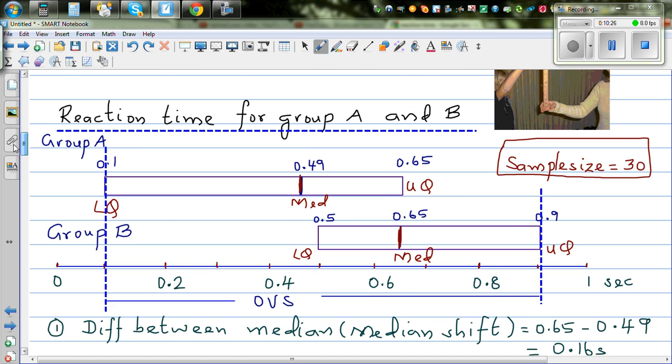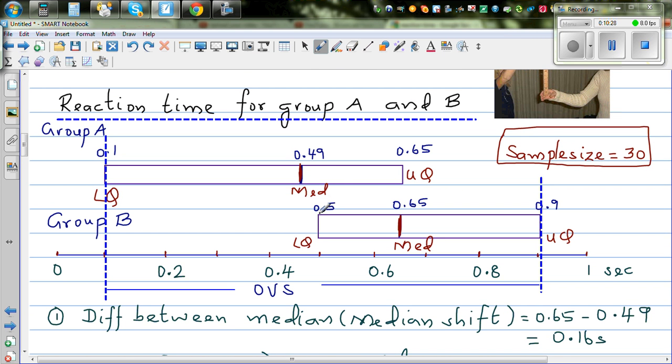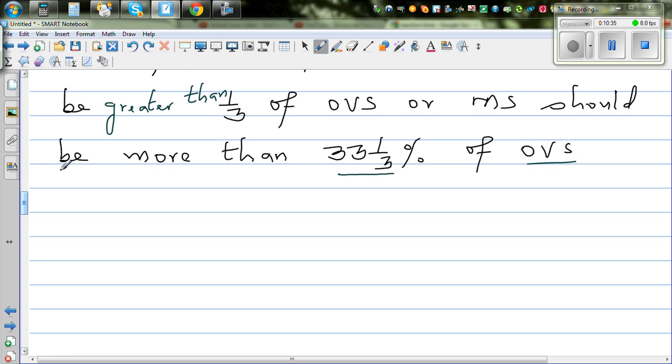Now you may say, well, the lower quartile and the upper quartile are almost the same. Okay, so here we can make the claim? We cannot. So what does this imply?